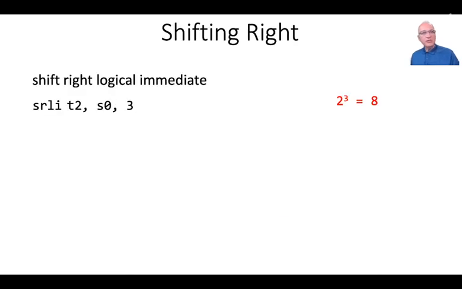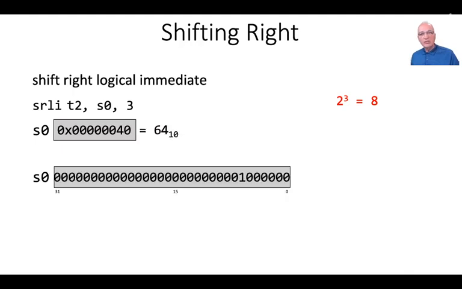What happens if I do a shift right logical immediate? The shift right logical immediate will be very similar to the shift left, except that the shifting will happen to the right. Let's say that I have the number 4 in hexadecimal, which is 64 in decimal, stored in S0. 64 will have a single bit equal to 1.